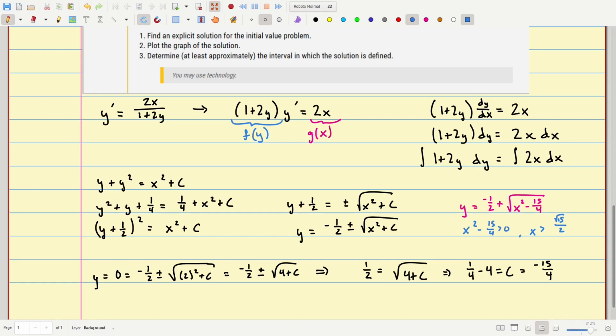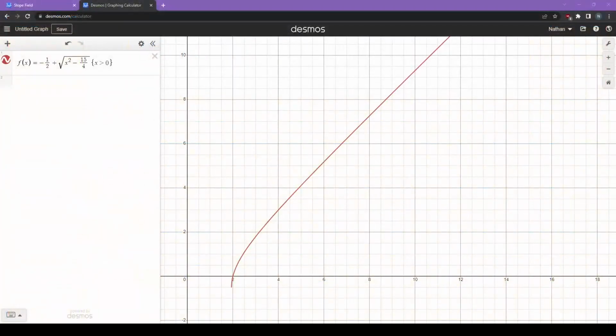And if we switch over to a graph of our solution, we can see that that is approximately what's going on. We have a value that is slightly smaller than 2 as the origin of our graph. The square root of 15 over 2, because the square root of 16 would be 4, so we get 4/2, which is 2, so the number is slightly smaller. And otherwise, there is no restriction to our graph, and we see that we have this nice plot here.